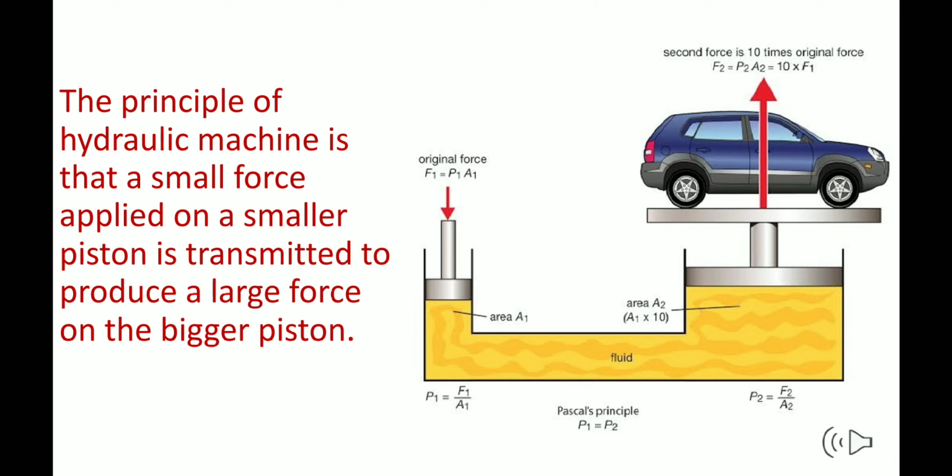As it is mentioned in the below also that P1 is equal to F1 upon A1, and therefore F1 will be P1 into A1. Okay, now the moment this force is applied, the piston will move down. When the piston will move down, it will increase the pressure inside, and when the pressure will be created over there, it will be transmitted equally and undiminished in all the directions.